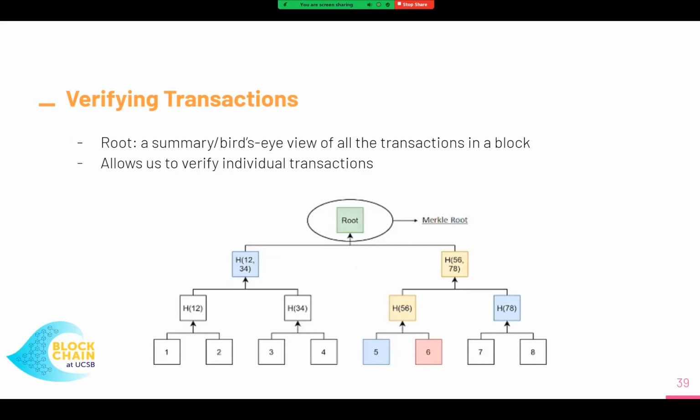Just imagine that 1, 2, 3, 4, 5, 6, 7, 8 are all transactions, and we can combine the ID or hash of the transactions, feed them through a hash function to get this hash, and then we can feed these two hashes into this one and so on. And eventually what we get is this root, and this root is posted in the block.